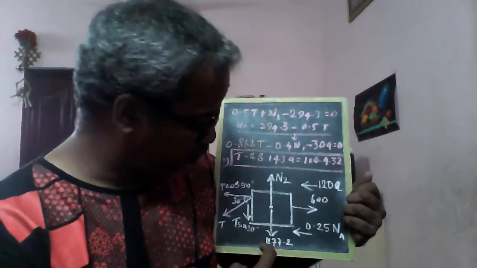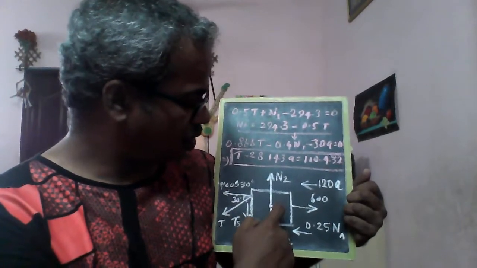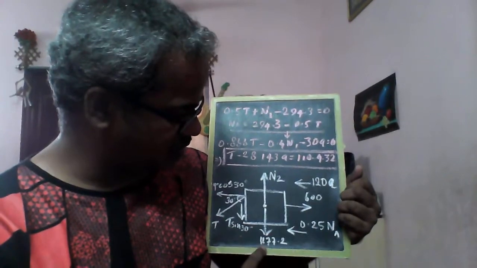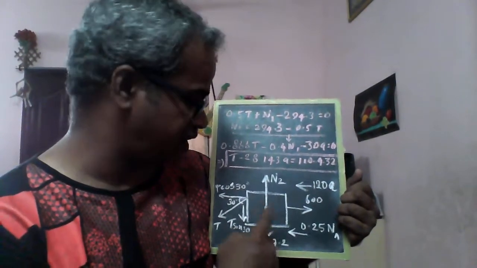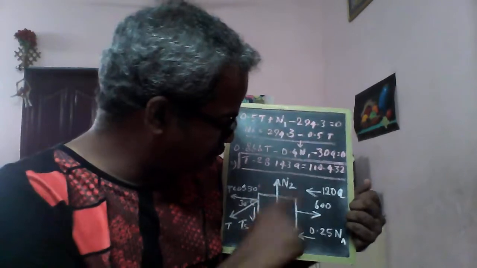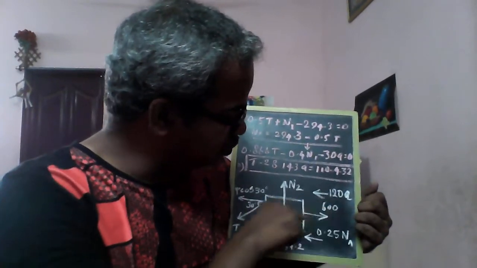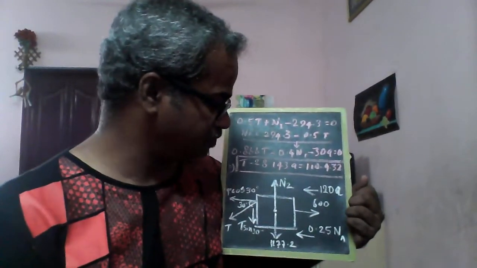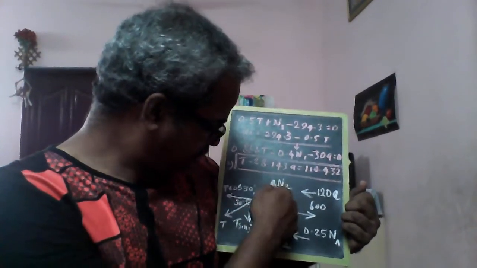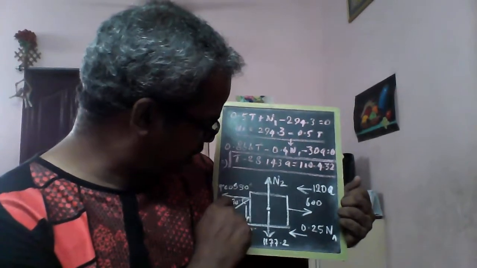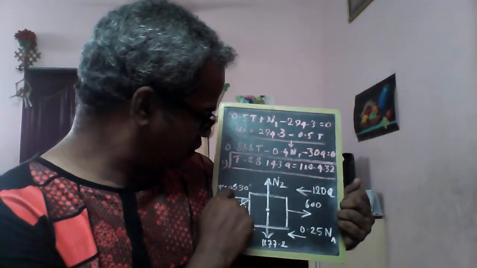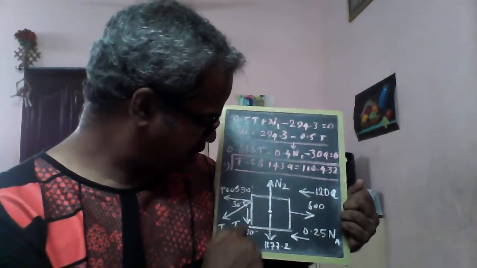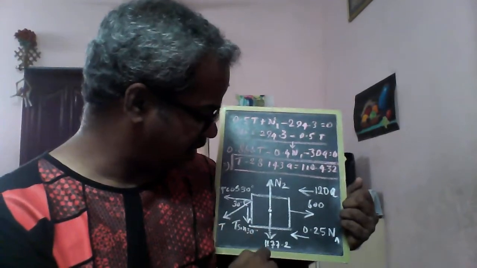Coming to block 2, mass is 120 kg, weight is 1177.2 Newton. There will be a normal reaction N2, and there is a force P pulling to the right side, which is 600, given in the problem. Then on the left side there will be a tension acting at 30 degrees to the horizontal, so this will be T cos 30, and the vertical component will be T sin 30.